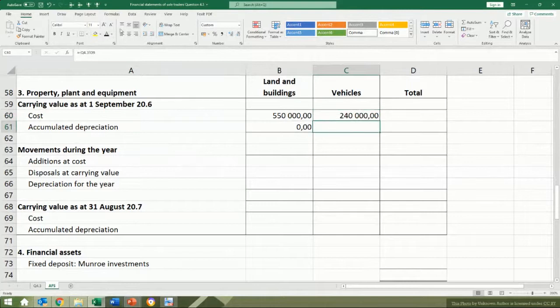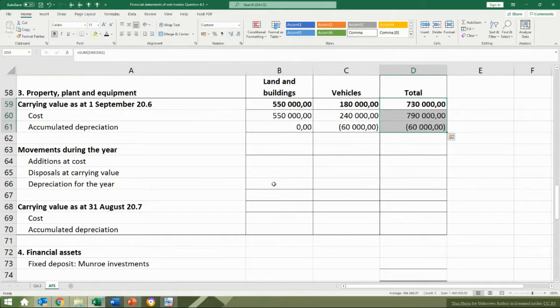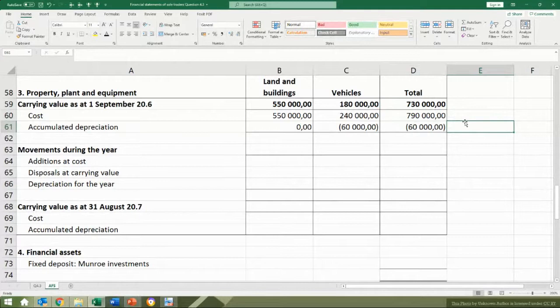Vehicles was 240 and accumulated depreciation is 60,000, shown as a negative. Then the carrying amount is the cost less the accumulated depreciation, which gives me the carrying value at the beginning of the year. And then the total column is just adding the two left columns together to get the total amount.